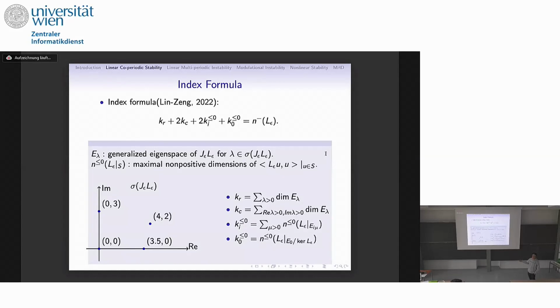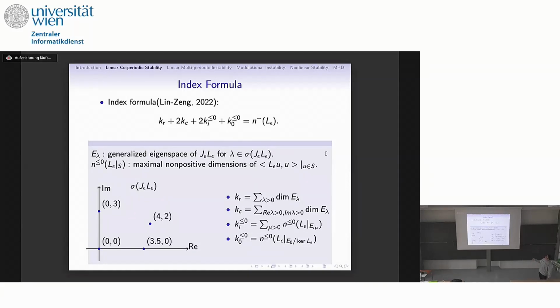This gives you instability. But if the right-hand side is equal to 2, it could happen that Kr is equal to 0 and Kc is equal to 0, but Ki is not 0. But if you have an imaginary eigenvalue, this is neutrally stable. So it's very difficult to exclude these imaginary eigenvalues with this kind of index formula if the right-hand side happens to be an even number.